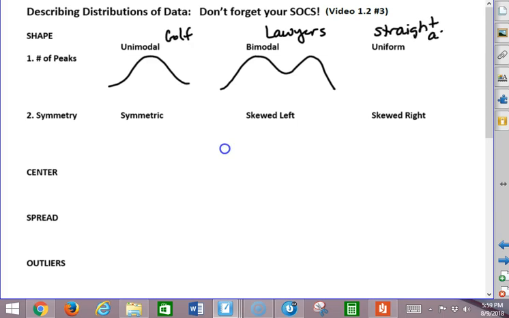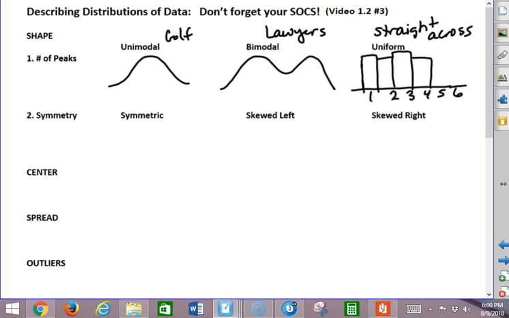An example of a uniform distribution would be if you rolled a die over and over many times, and you would expect the number of 1s, 2s, 3s, 4s, 5s, and 6s to be approximately the same. They're going to vary a little bit, maybe, but pretty much straight across as far as the shape, because that's called a uniform distribution.